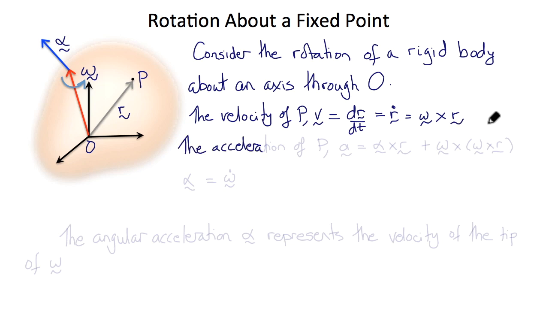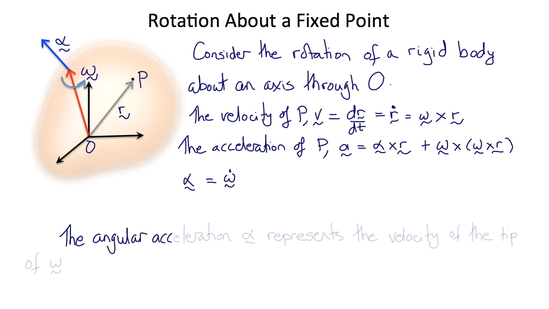And the acceleration of P, a, is equal to alpha cross r plus omega cross v, where alpha equals omega dot. Now this is the most general rotation, and in this case the angular acceleration alpha can be thought of as the velocity of the tip of the angular velocity vector.